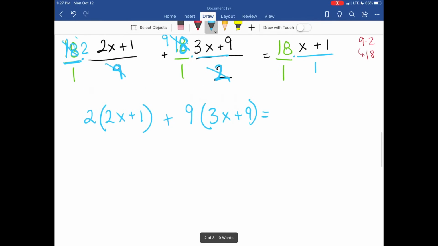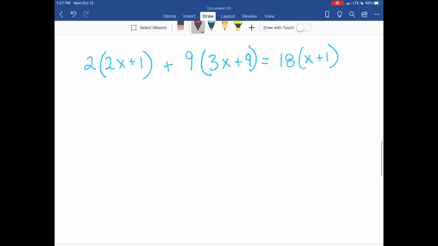And now I have 18, but that's over 1. So I'm going to have some big numbers. So now I've got 18 times that quantity, x plus 1. Now this looks a little bit like the problems we were doing in the previous sections. Now I'm going to do a heck of a lot of distributing.